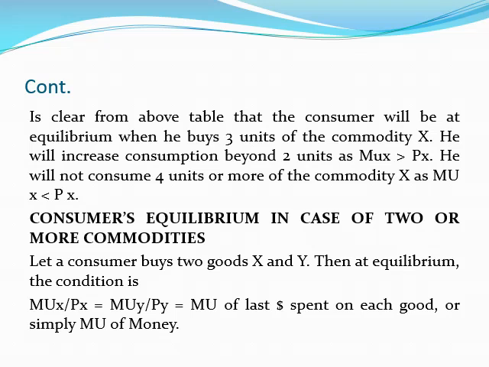Let a consumer buy 2 goods, X and Y. Then at equilibrium the condition is MUX over PX equals MUY over PY, equal to the marginal utility of money of the last dollar spent on each good, or simply the marginal utility of money.